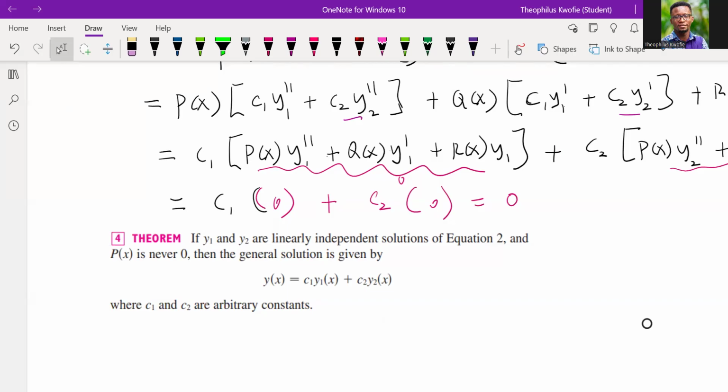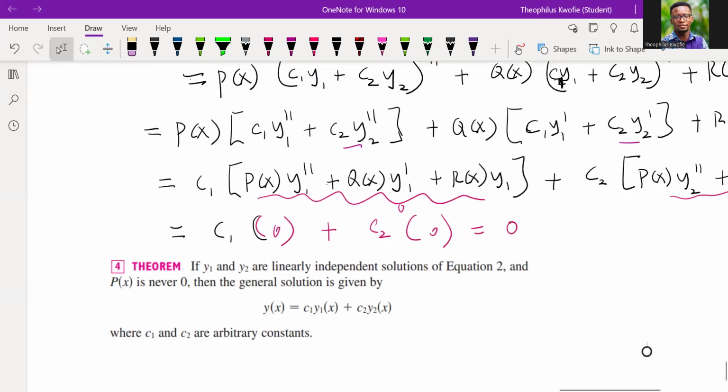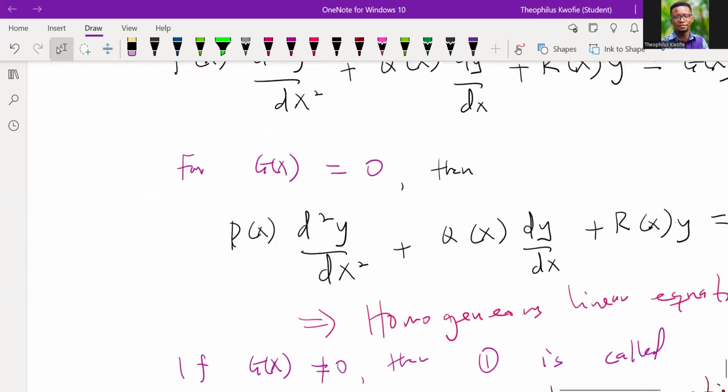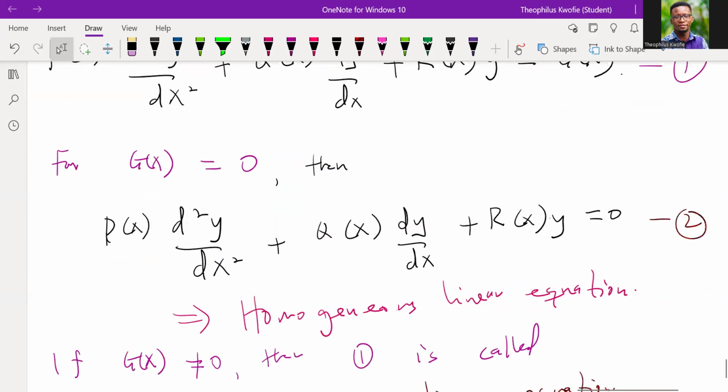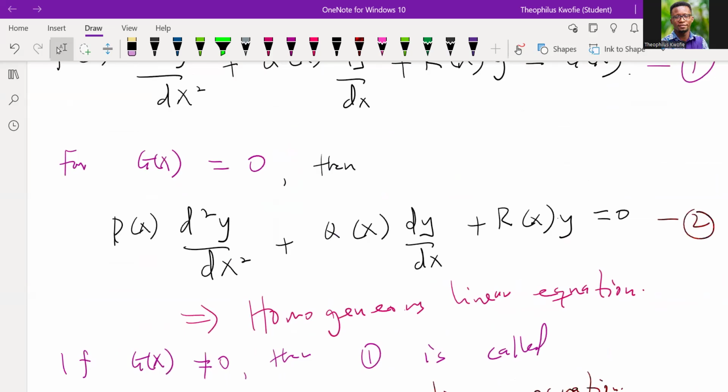Now, in this theorem, we claim that if y1 and y2 are linearly independent solutions of equation 2, remember, equation 2 is the linear homogeneous equation, and p of x is never zero. This is equation 2 we are talking about.